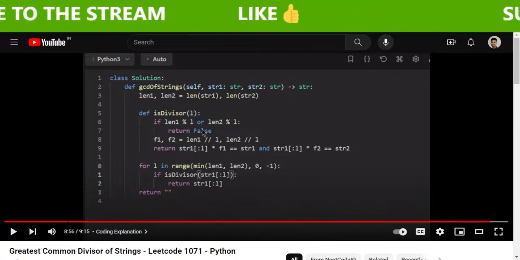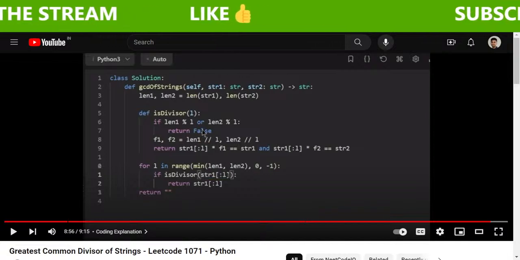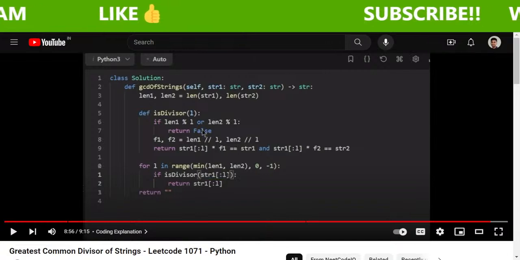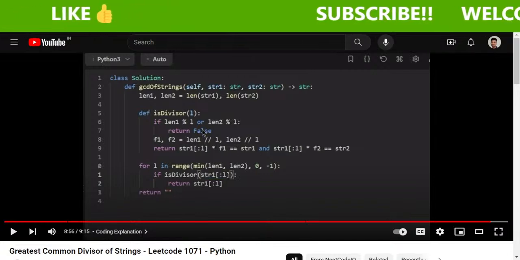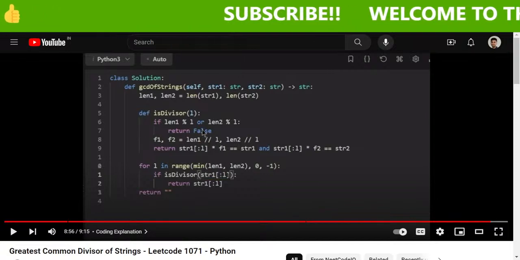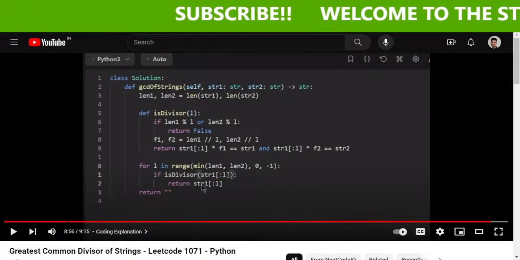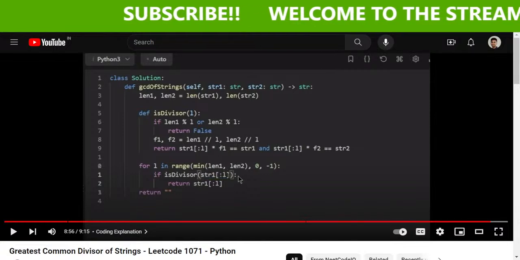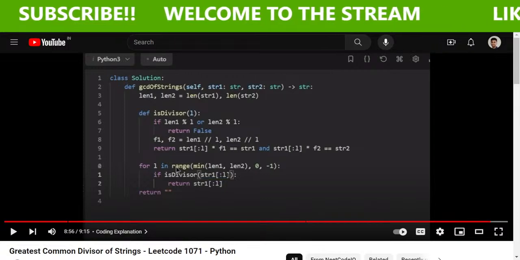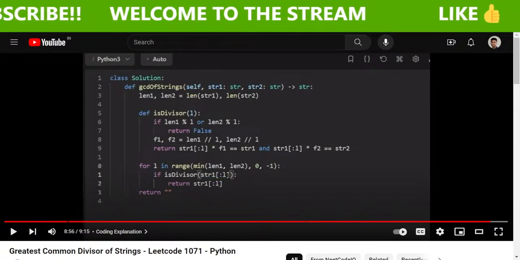F1 is divided by L. Okay, he's just checking it out. Okay, I got the logic, but I don't think I can solve it without seeing. But I got what it is doing. If it comes as true, return true, otherwise return false. Okay, I got it.